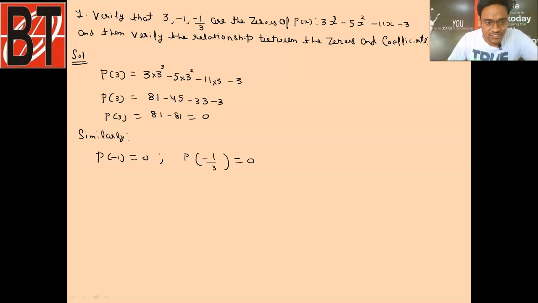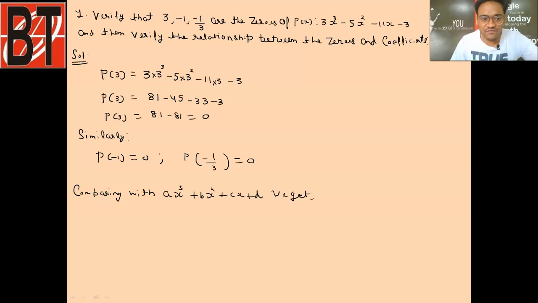See students, by comparing the given polynomial with the standard form, can I write the value of a, b, c, d? So comparing with general form, ax cube plus bx square plus cx plus d, we get a.